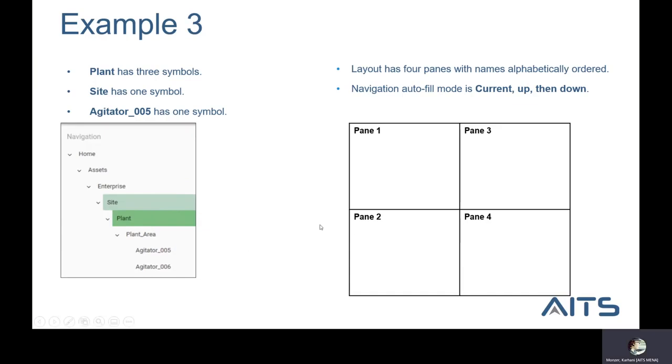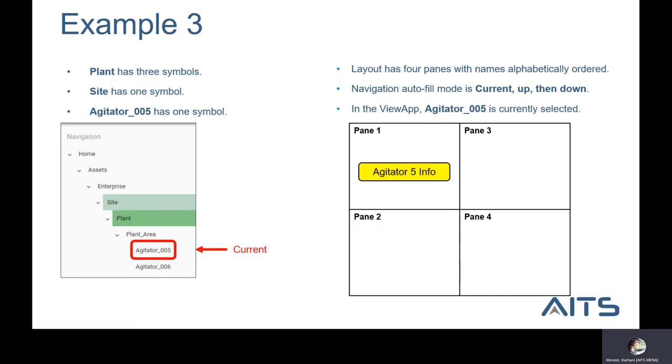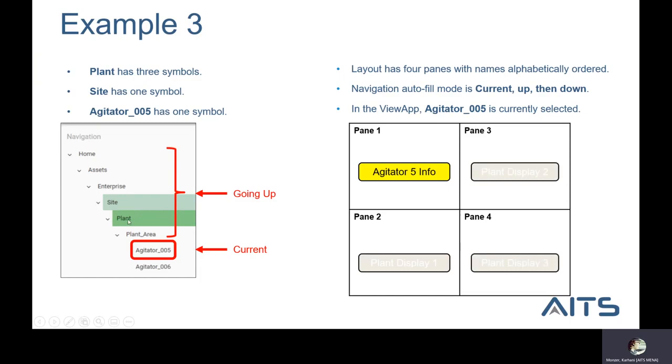Another example. This time I have the plant with 3 symbols, the site with 1 symbol, and the agitator with only 1 symbol. This time I click on the agitator, so pan 1 will take the agitator info. I'm going up. First I'll go for the plant, the nearest assets.